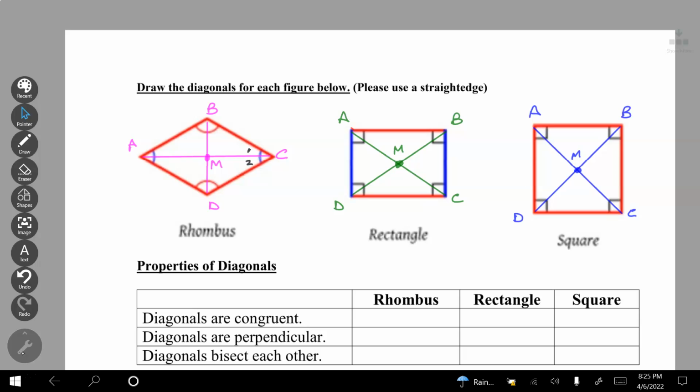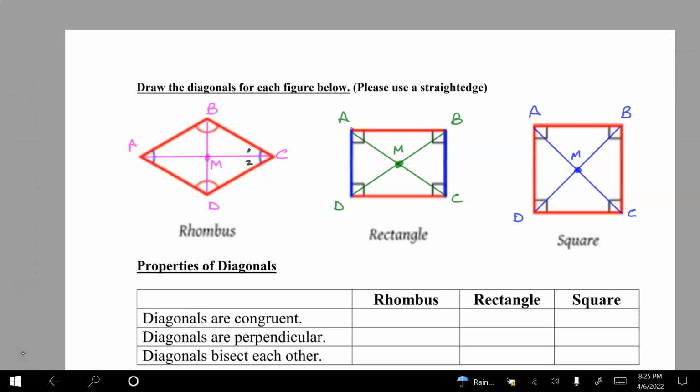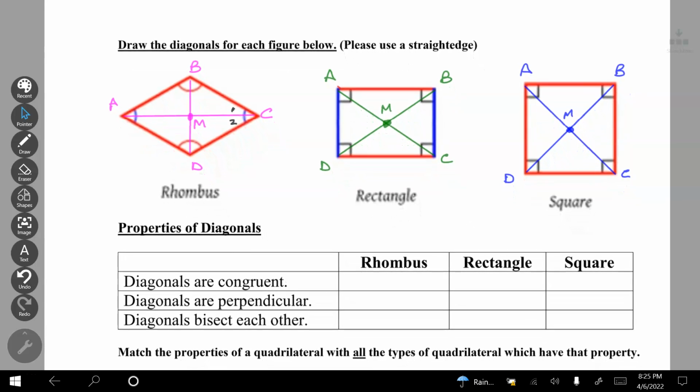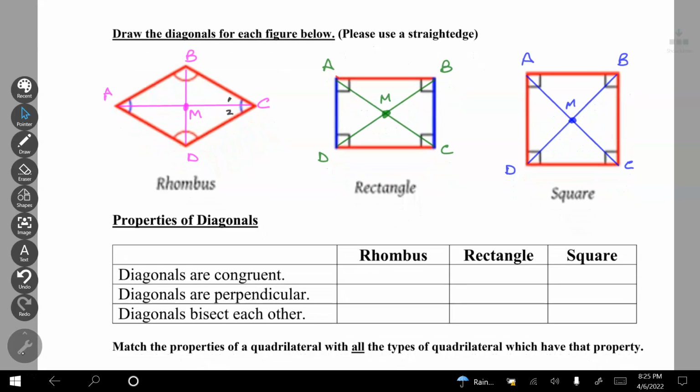Okay, so it says draw the diagonals for each of these figures. So for a rhombus, rectangle, and square, I drew both diagonals in each. Because these are parallelograms, those diagonals do bisect each other. But other properties are going on. Let's just do it from our eye test. Are these diagonals congruent?